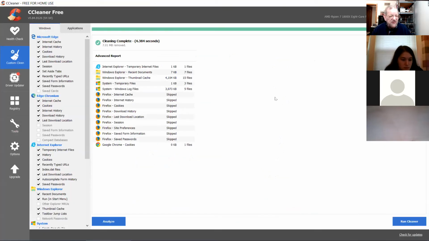If you don't know about Ccleaner, which is free, don't buy their Pro stuff. This is just a great way of cleaning out a lot of unused files. Since I got Firefox running, I skipped it. If it wasn't running, I would have done this. And this gets you out of a lot of problems sometimes, not spyware or ransomware, but certain files that want to take over your computer.